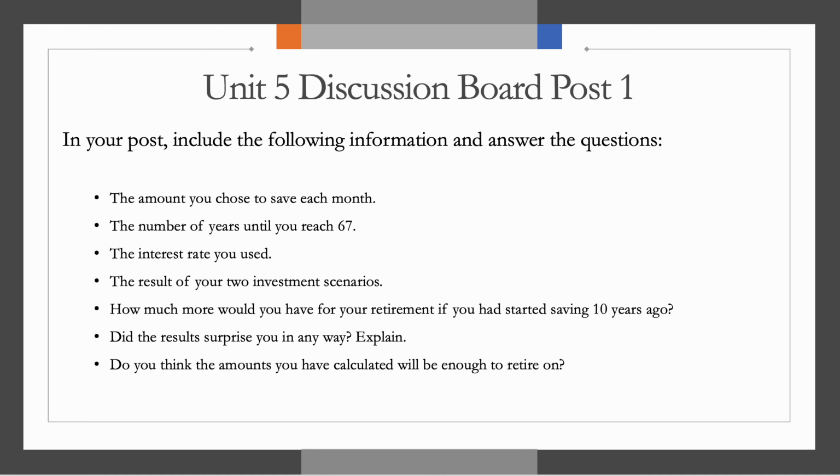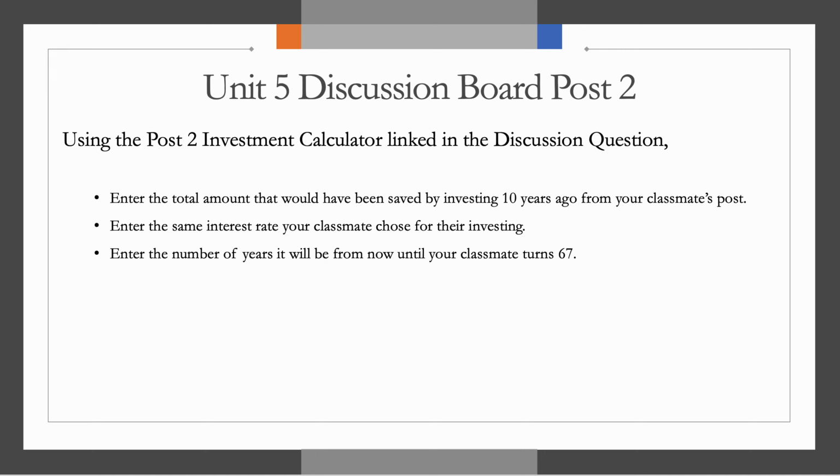And then just quickly answer, did the results surprise you? Sometimes it's really surprising how much money we can have at the end of saving over time with the way interest compounds. And then the second question is just, do you think you have enough to retire on? And that could differ from person to person. But just looking at that amount, do you think it's livable for your retirement?